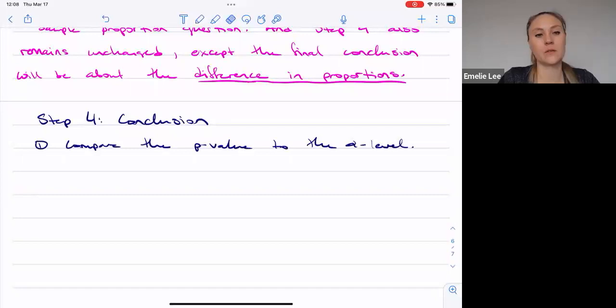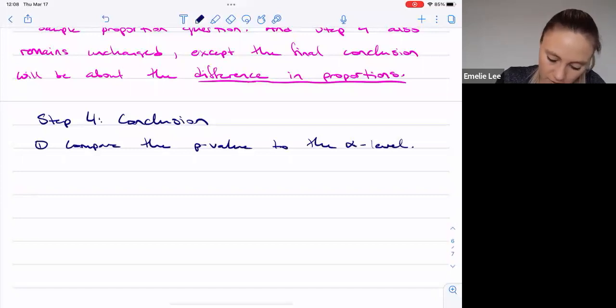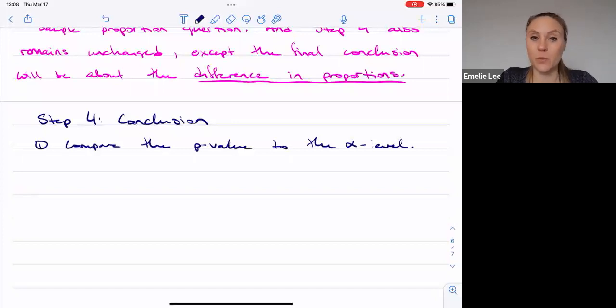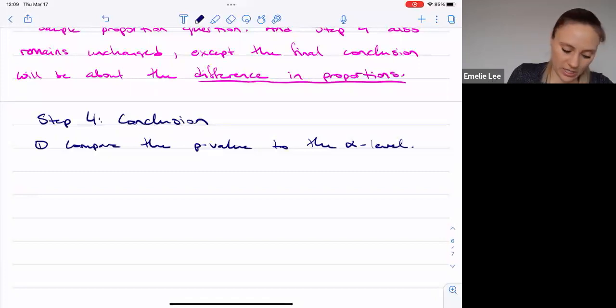The default alpha level is 0.05. So compare the p-value to the alpha level, depending on whether it's less than or greater than the alpha level. If the p-value is small enough, then you have enough evidence to reject H0. So if the p-value is less than the alpha level, then you have enough evidence to reject H0.